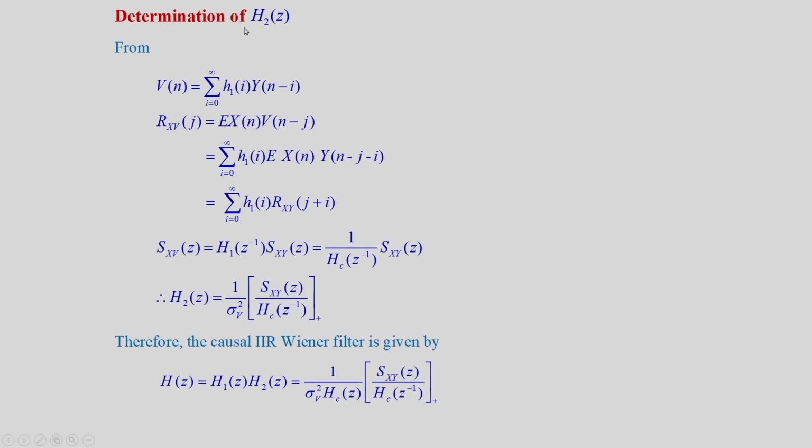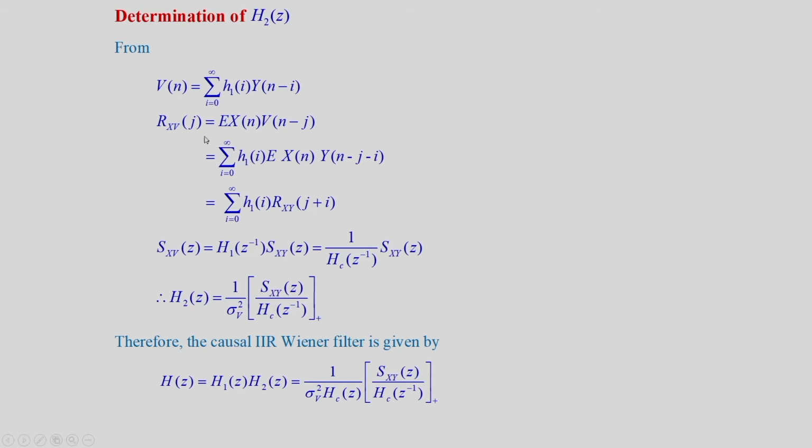So, how to determine h2z? We know that Vn is equal to summation i is equal to 0 to infinity h1 i into y n minus i. So, this is from the innovation representation of yn. So, we get this relationship, and taking the correlation function, we will get rxv of j is equal to E of xn into Vn minus j.